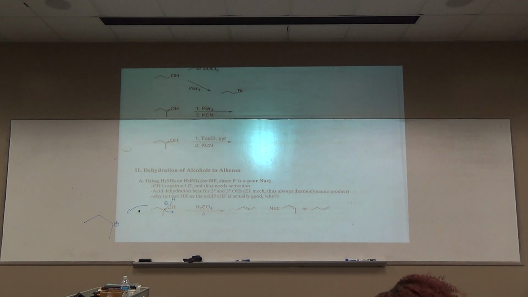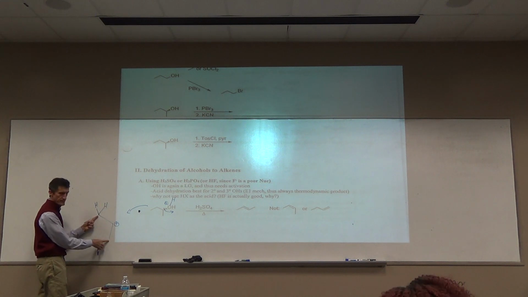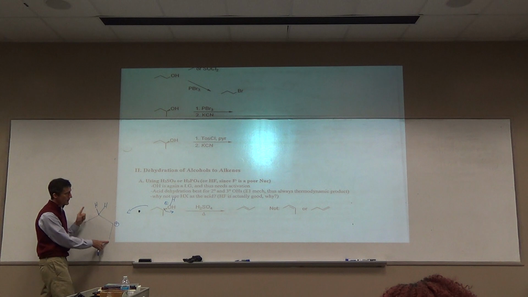What's next? We have 2 H's over here. Beta hydrogens. We have beta hydrogens here and here. Remember elimination chemistry? What do we have? Zaitsev and Hofmann? Again, auto review here at the beginning. What do we have here?